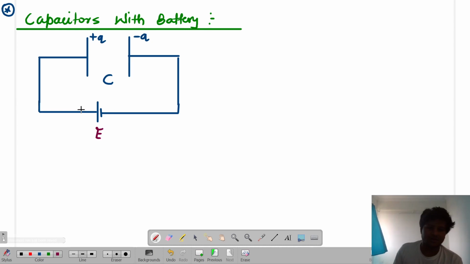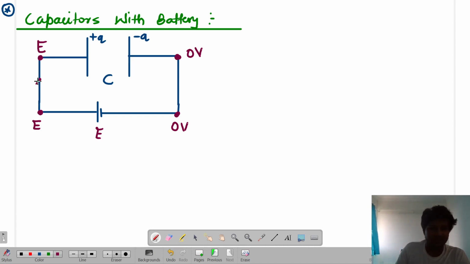Then the total potential of this battery is E. So what will happen? I can consider this as zero potential and then I can make this E potential. So this can be considered as E potential and this can also be considered as zero potential. So for any kind of capacitor, I can make it E potential and I can consider the other zero potential.